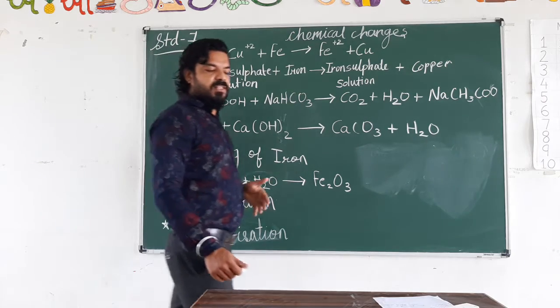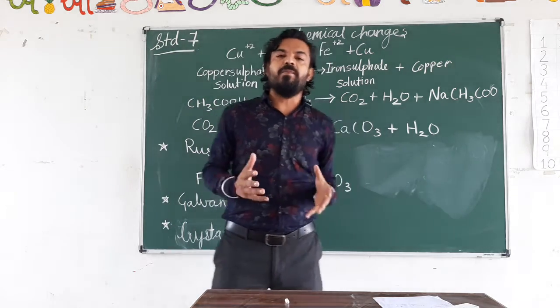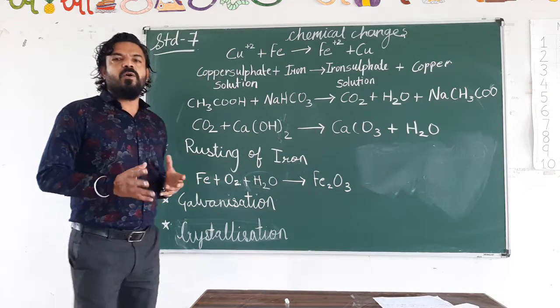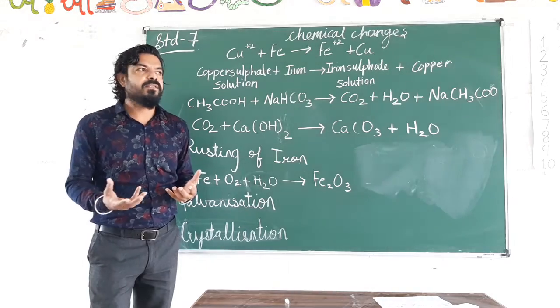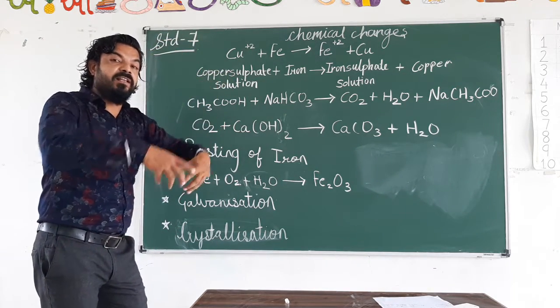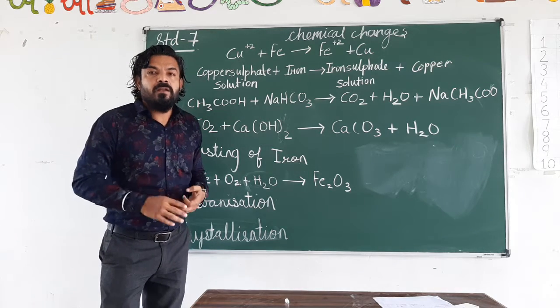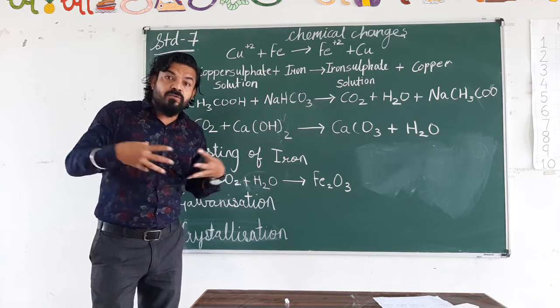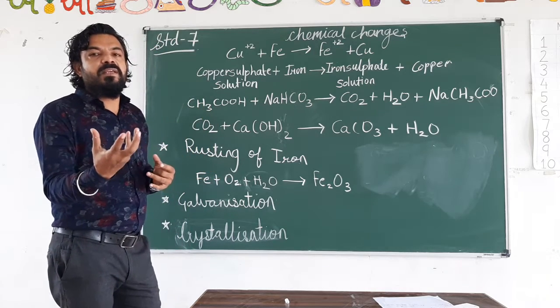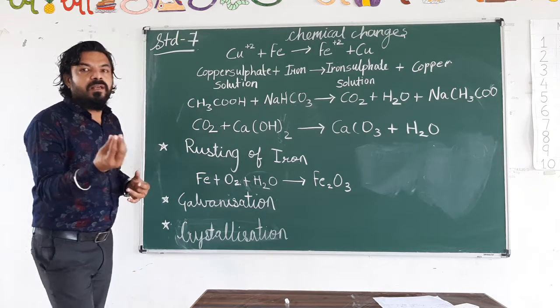Whenever chemical changes happen, dear students, always heat evolves. That means once you add 2 substances, 2 materials in one beaker, and they join together in a chemical reaction, then that beaker or test tube will give heat.